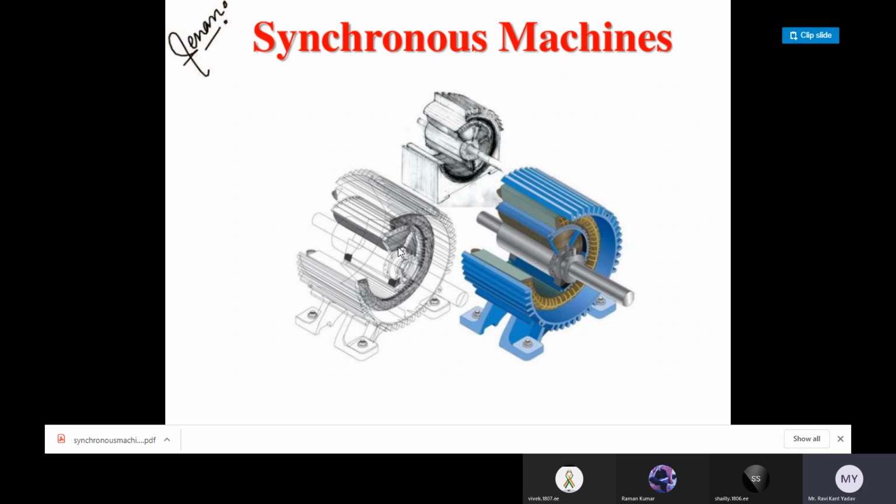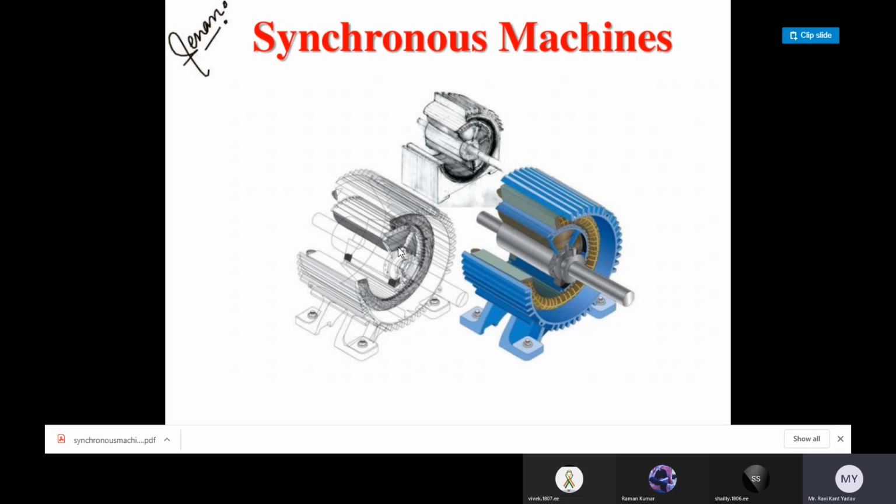If we are talking about a DC generator, it has limitations because of sparks in the brushes, and that's why if we are generating power at a large scale, then we must place the armature winding on a stator and field winding on a rotor.